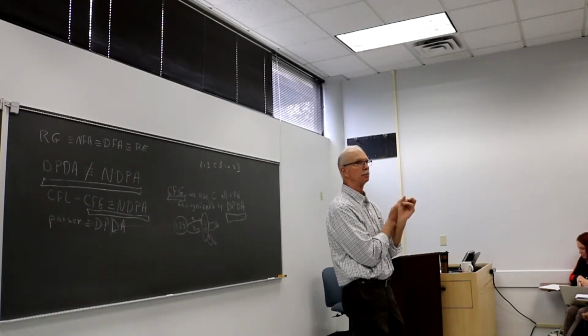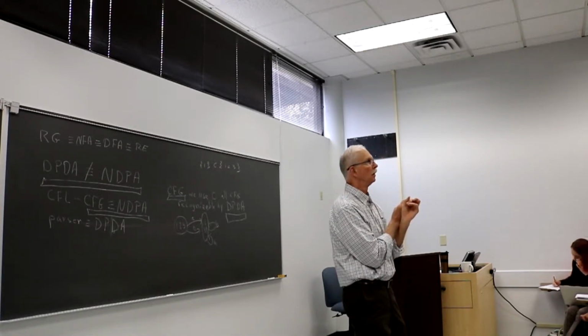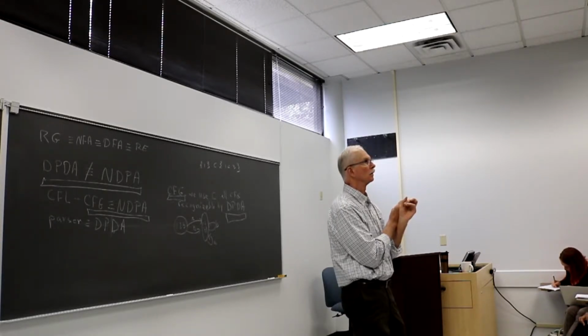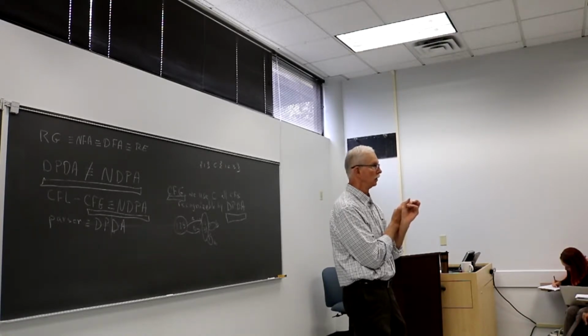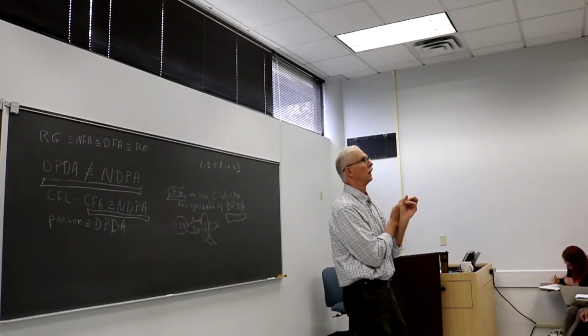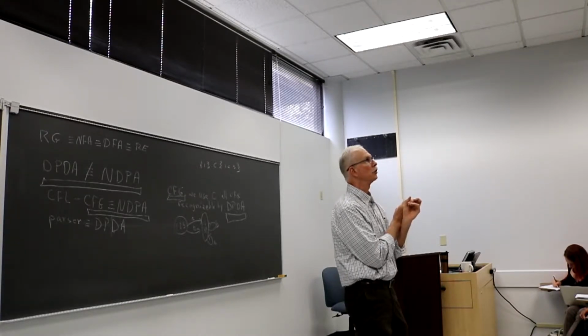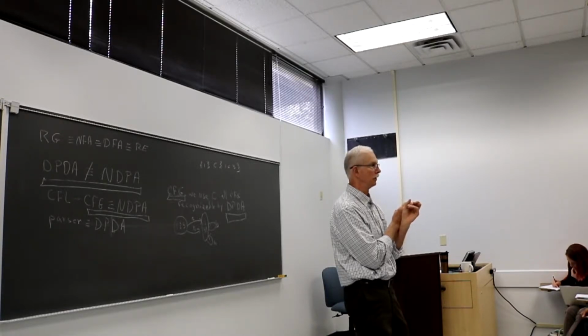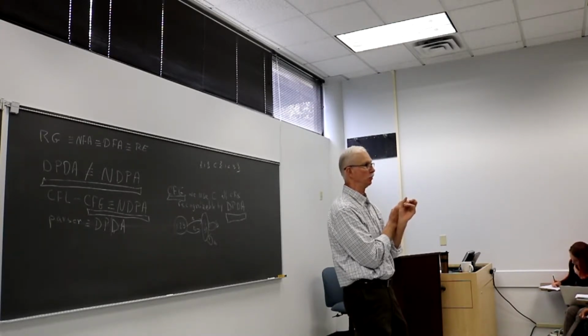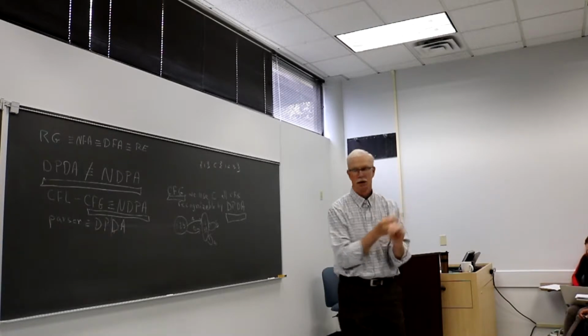I'm talking about polynomial bound algorithms, or algorithms that can be run by a deterministic Turing machine in polynomial time, or algorithms that can be run by a non-deterministic Turing machine in polynomial time.